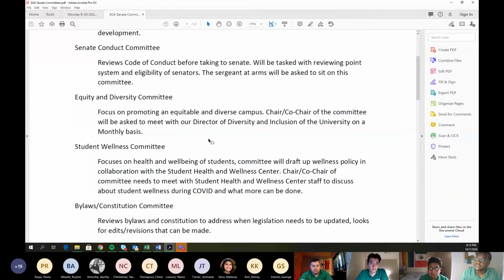That's what that committee will focus on: passing anything that can make our campus more inclusive. An example I gave in one-on-ones was putting more pressure on administration about the Multicultural Center building. It's something that's in talks right now.